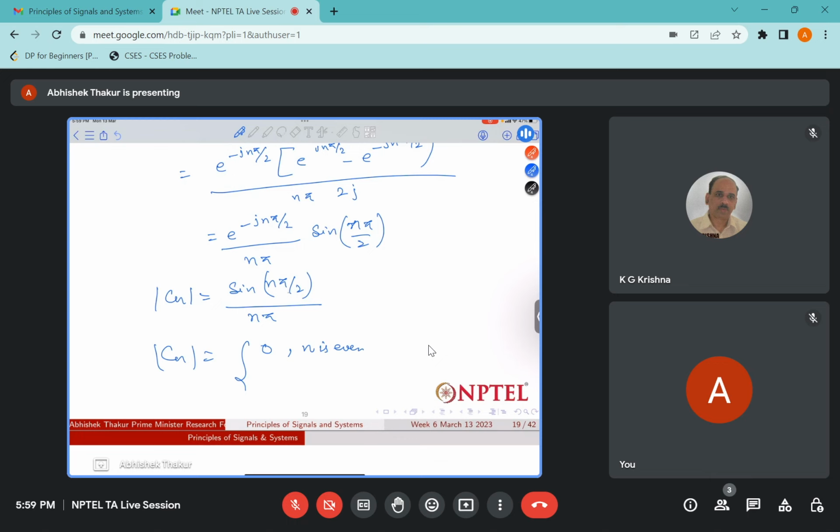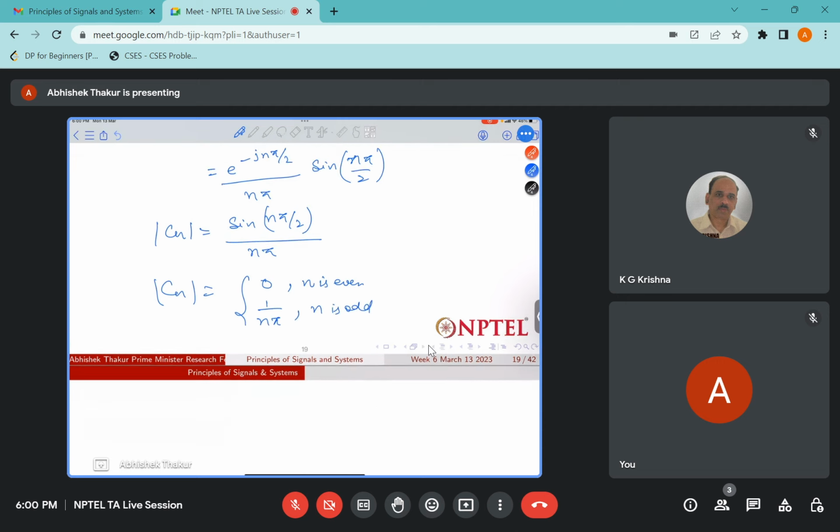If n is 2, it will be sine of pi, so it will be 0. It will be 1 by n pi when n is odd. And C naught is equal to half of the integral of 0 to 1 dt, which is equal to half.